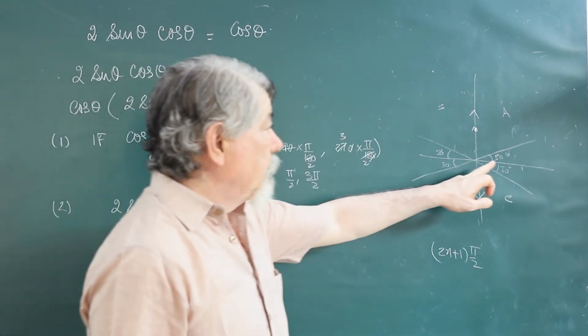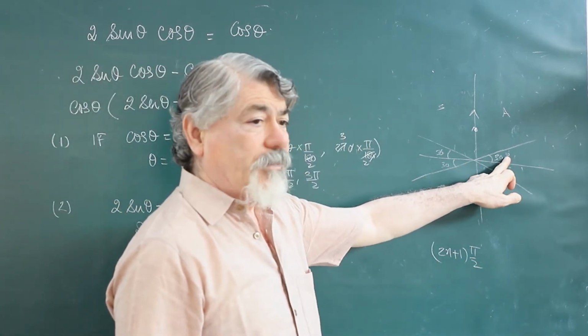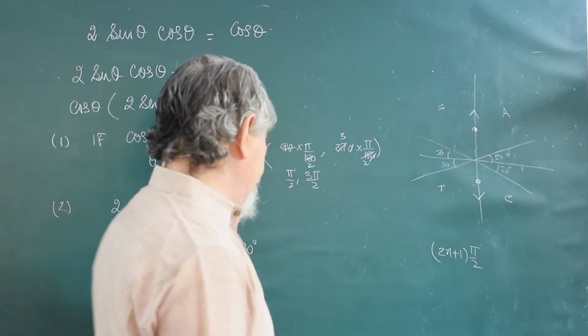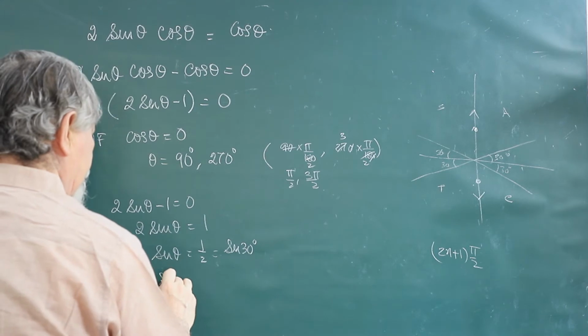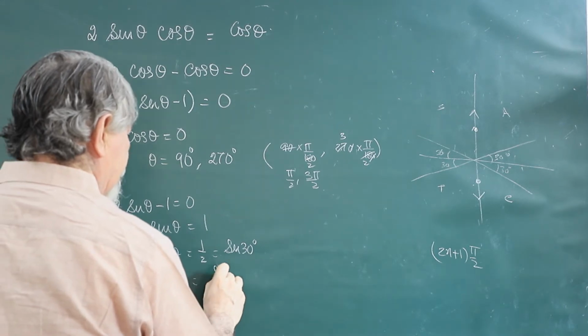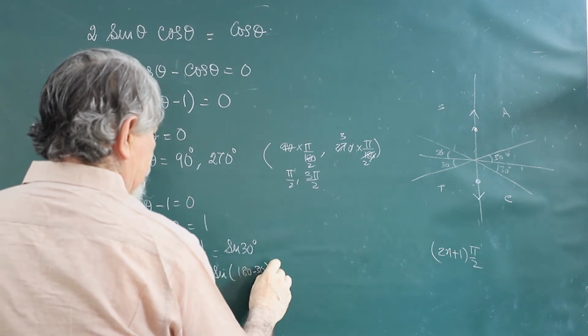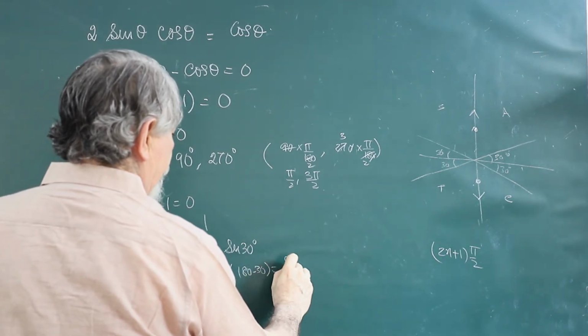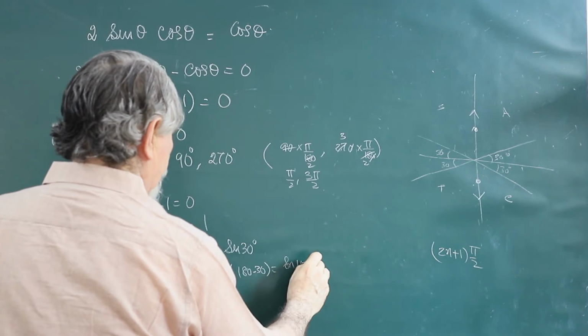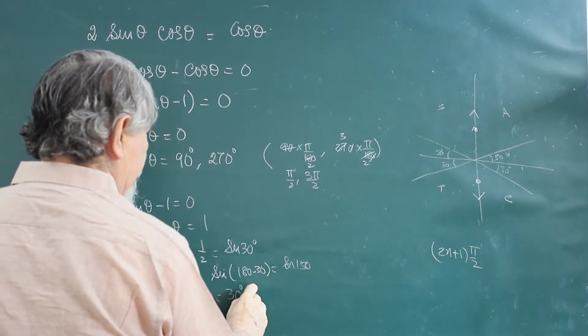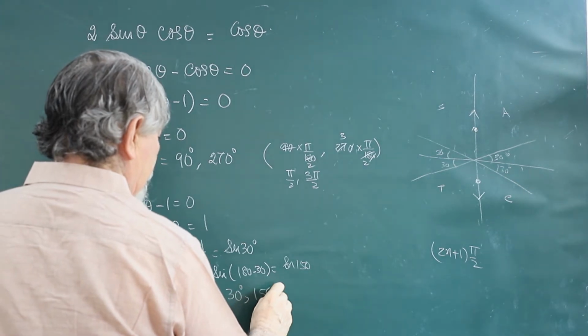Sine theta at 30 will be 1 upon 2. Sine theta will also be 1 upon 2 at sine of 180 minus 30, that will come sine 150. So theta can be 30 and 150.